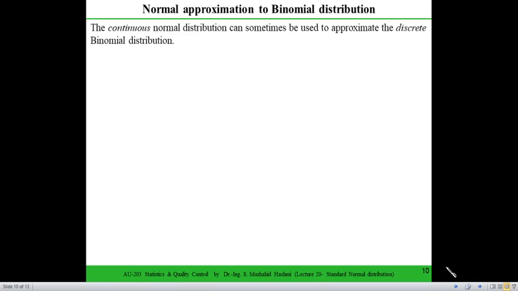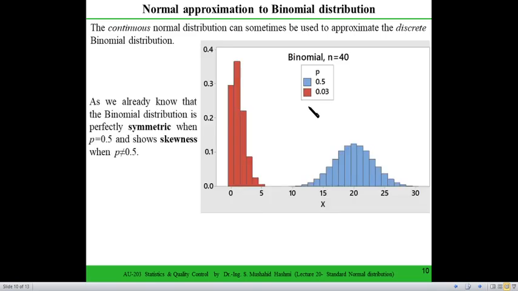As normal distribution is a continuous random variable and binomial distribution deals with a discrete random variable, we have learned that when your probability is 0.5, then your distribution is symmetric, and when your value is other than 0.5, whether smaller or greater than 0.5, then this is an asymmetric distribution, or there is some skewness present in the distribution.